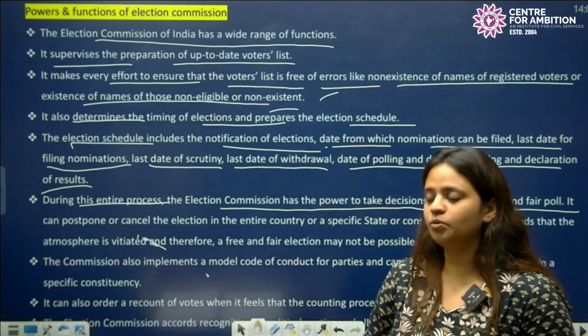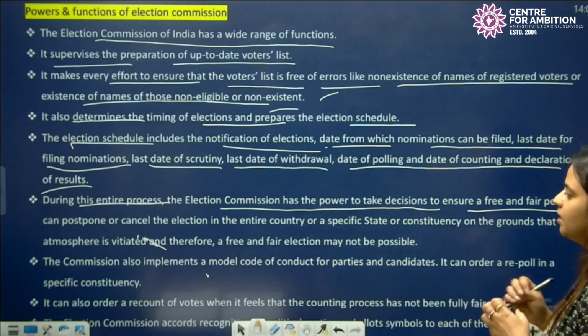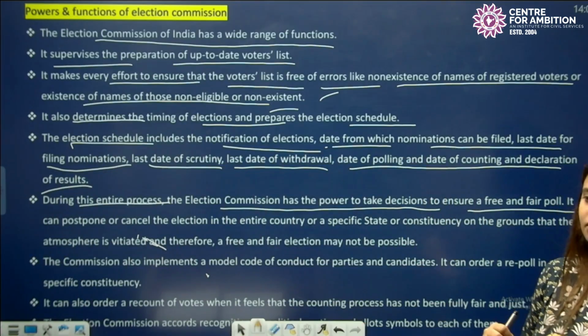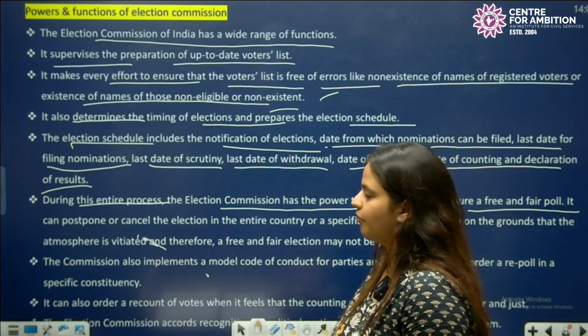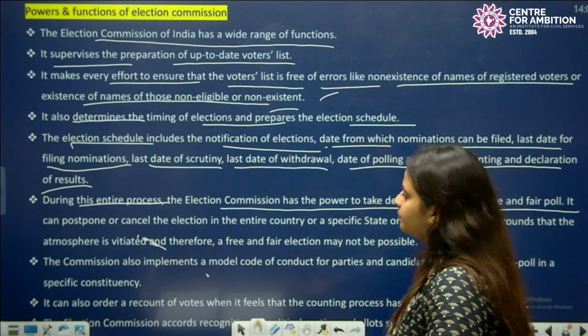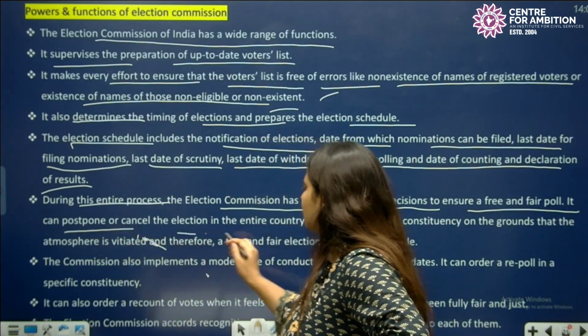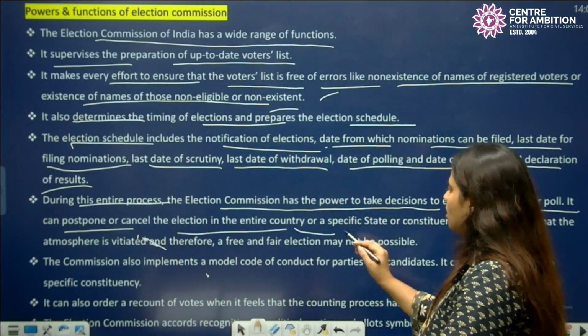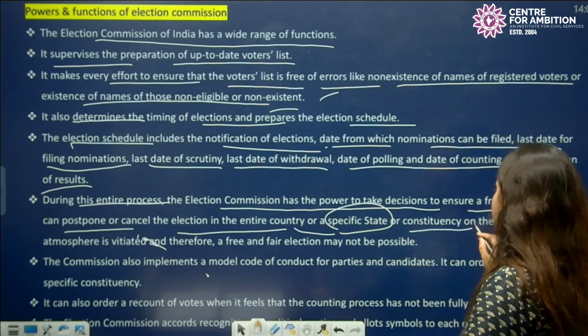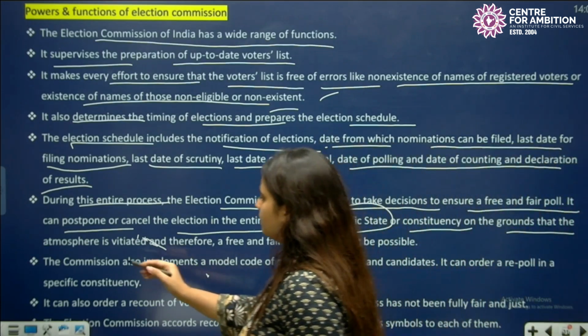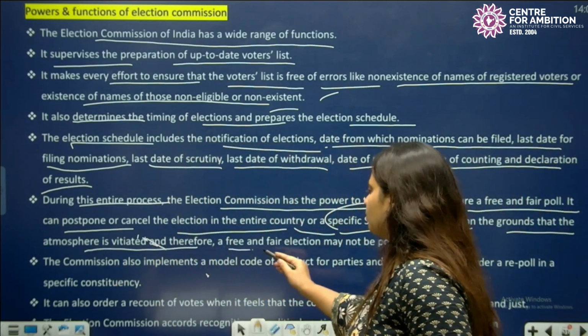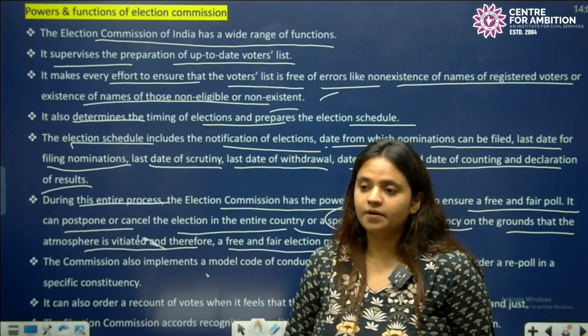So what can it do? It has total control to ensure that there is free and fair polling. Okay, it can postpone and cancel the election of the entire country or a specific state or constituency on the ground that the atmosphere is vitiated and therefore free and fair elections may not be conducted.